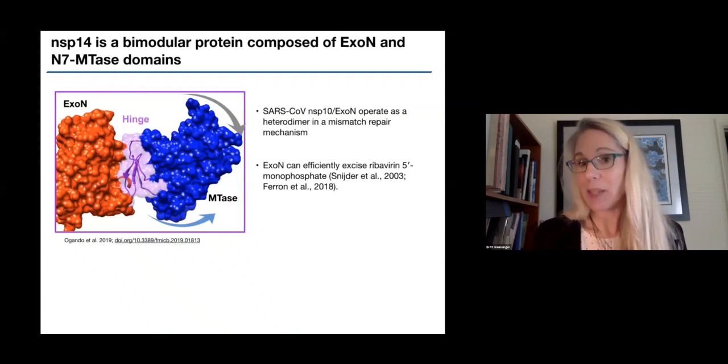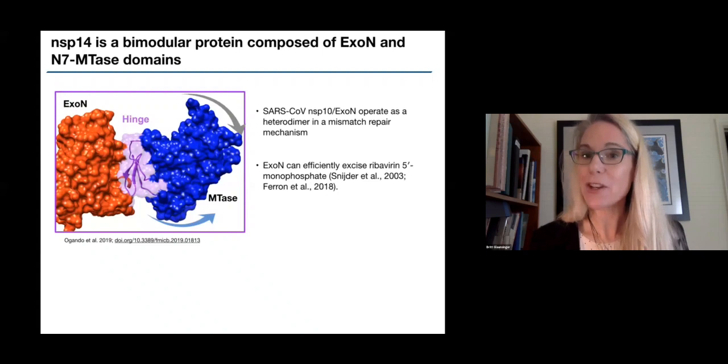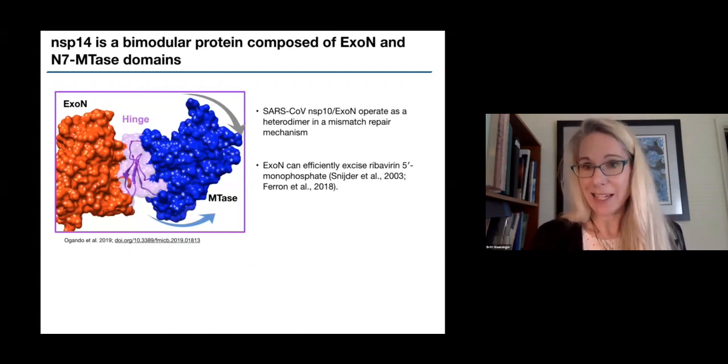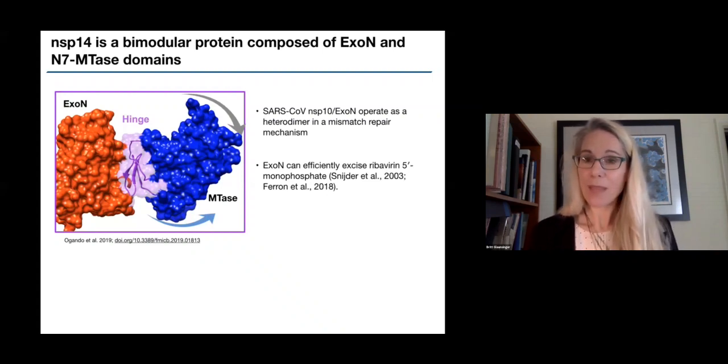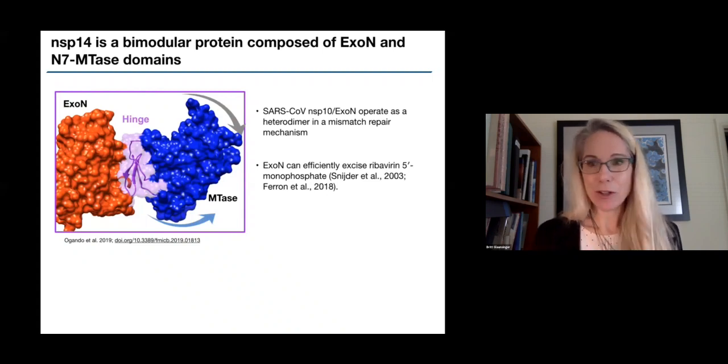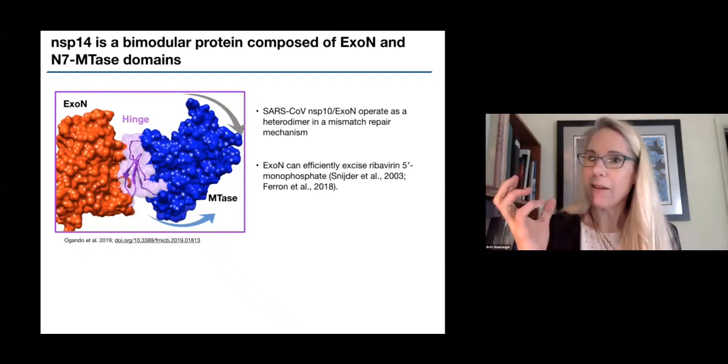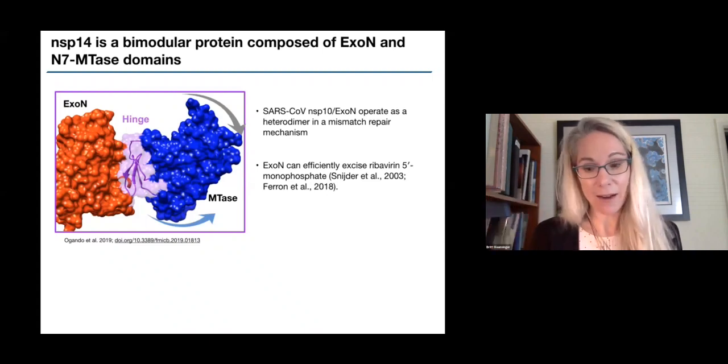And so it's been shown that the ExoN can efficiently excise ribavirin, which is a really common antiviral that is used experimentally, basically, to block the RdRp activity of many different RNA viruses. But it turns out coronaviruses are not sensitive to ribavirin like all the other RNA viruses are. That's because once this chain terminator comes in, the proofreading activity just kicks it right back out.